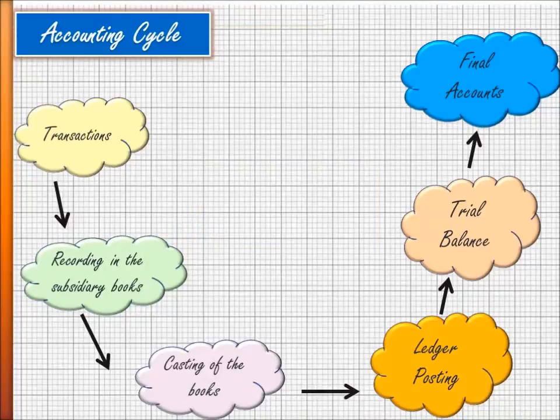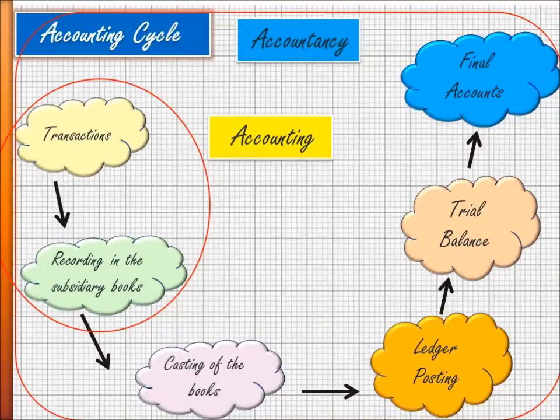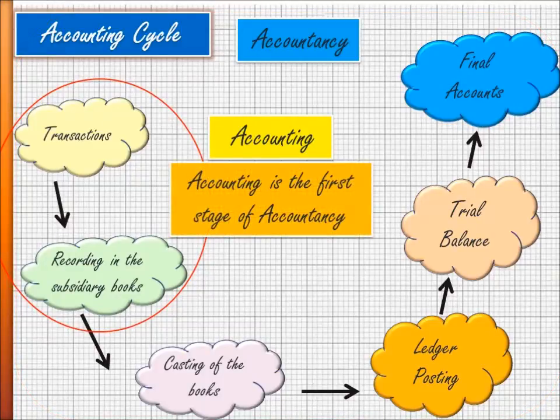So up to recording in the journal or subsidiary books is called accounting, but the whole process is called accountancy. So you can say accounting is the part of accountancy, or you can say accounting is the first stage of accountancy.